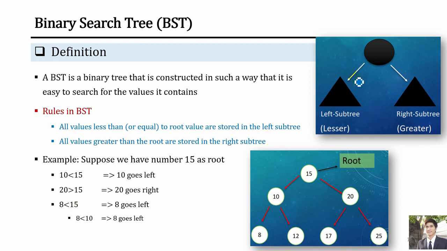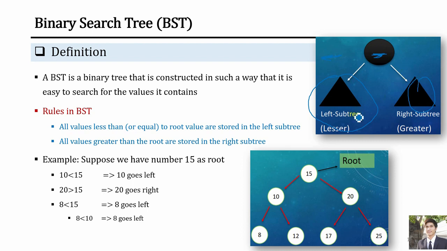So if you look at this picture, on the left subtree here, they are considered the lesser values. For example, we have a value here. All of those values that are on the left must be less than the root value here, while the right subtree contains values that are greater than the root.